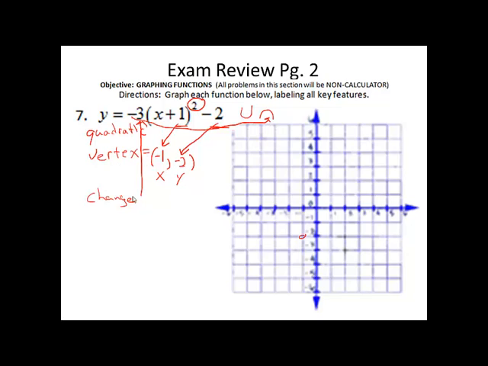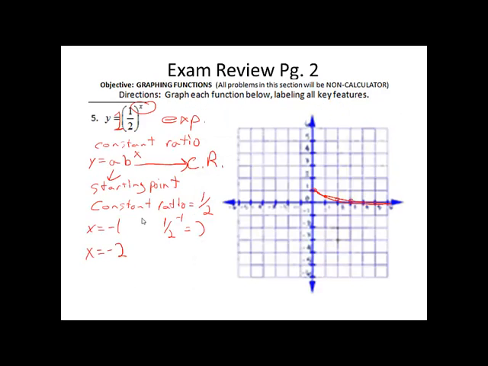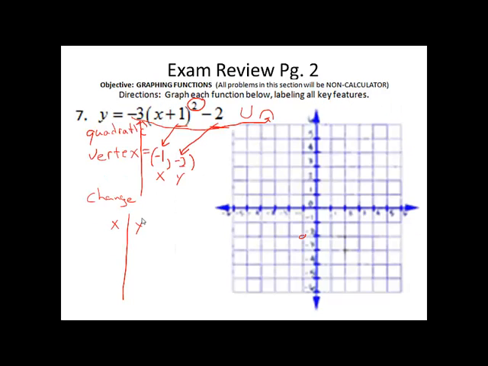And what we can do here is we'll just make a table. And on that table, the only thing that we want to make sure we do is put our vertex in our table. Our vertex is now in our table because that is definitely going to be a point on our line.